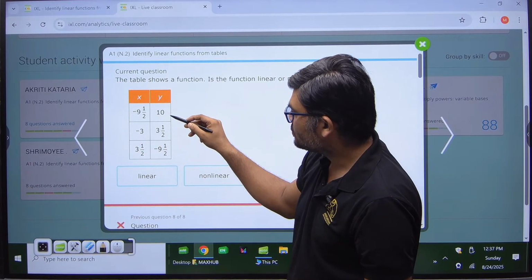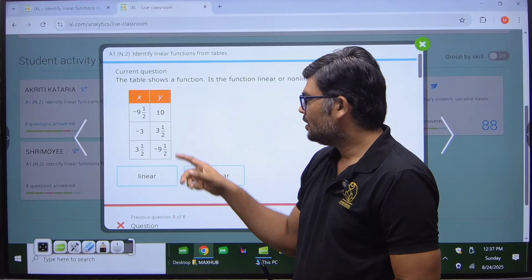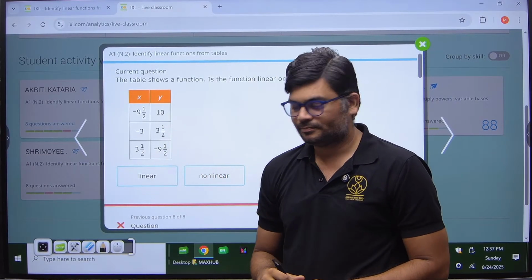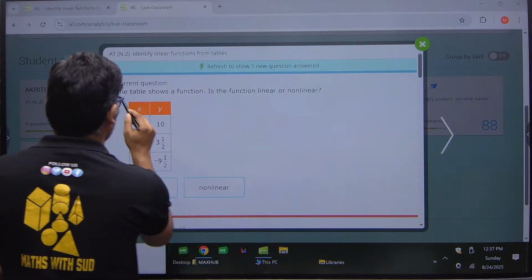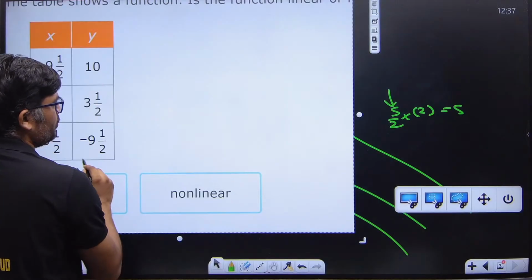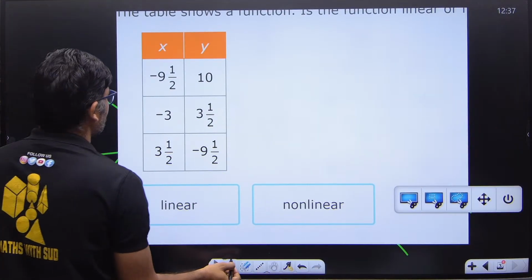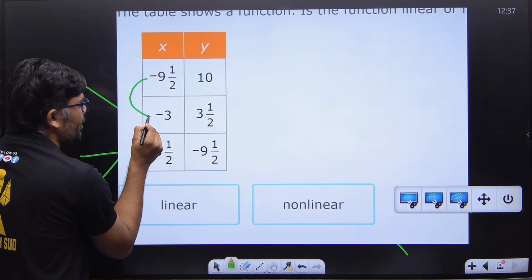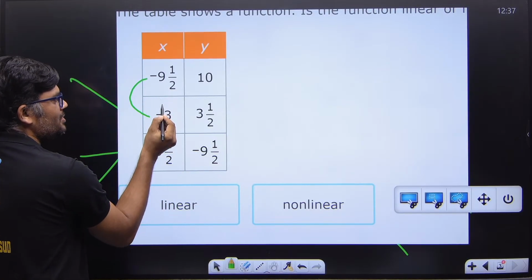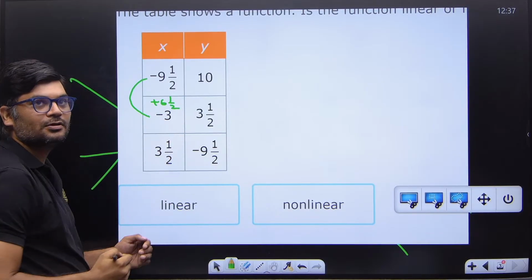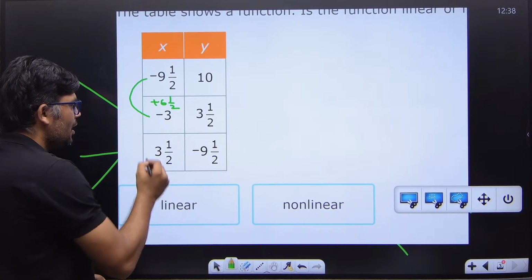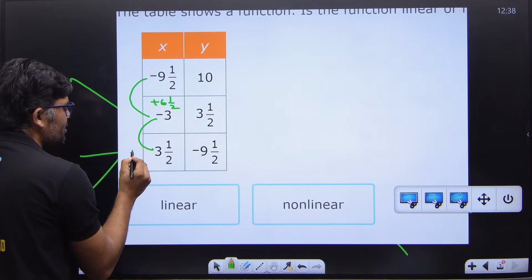What about here? From 10 to 3.5, no, it is not linear, beta. Try to understand why. Shrimoy, you also look at this. Suppose from here to here I am moving from minus 9.5 to minus 3, how much have I moved? 6.5 units. Again from here to here I have moved 6.5.